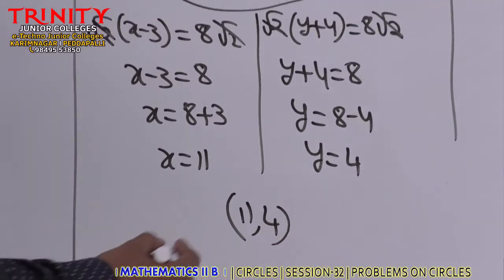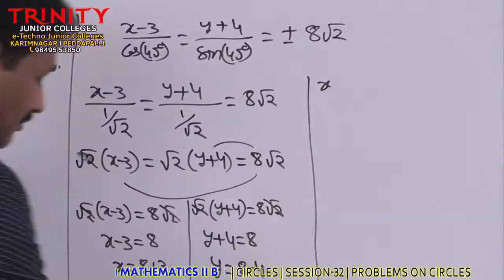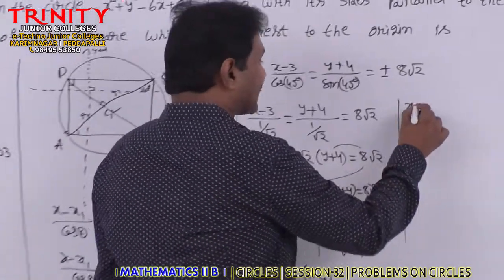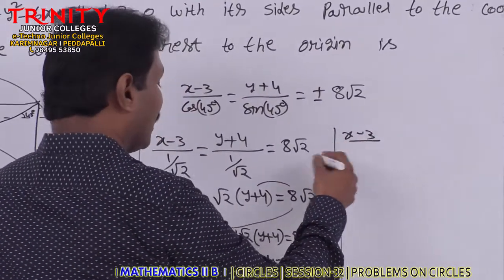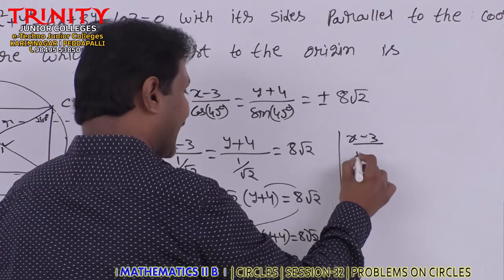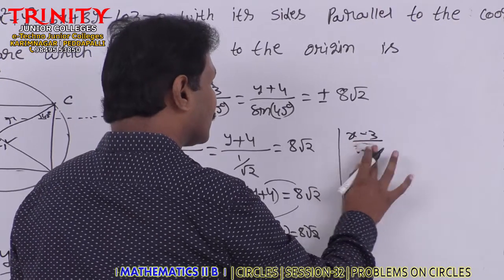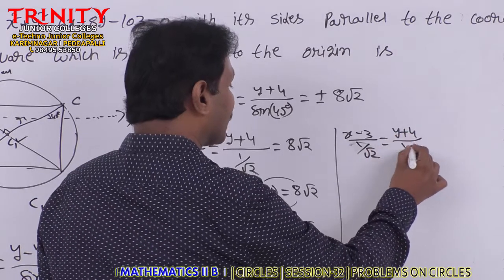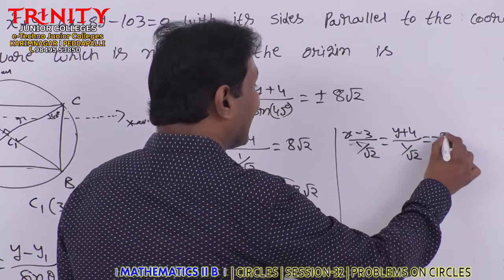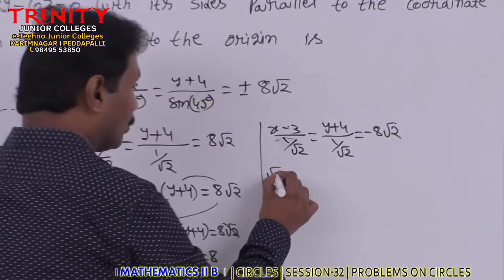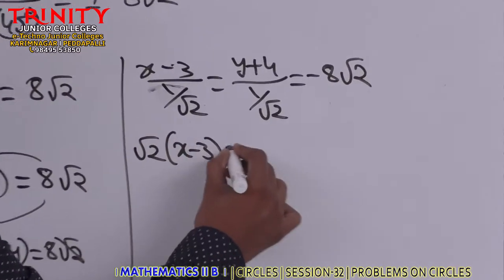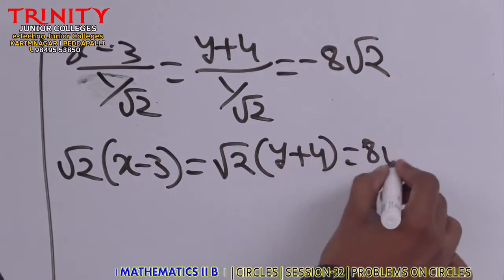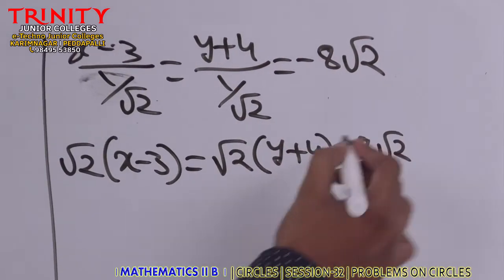This is one of the coordinates, that means one of the vertices. Next, (x minus 3) by 1 by root 2 equals (y plus 4) by 1 by root 2 equals minus 8 root 2. Root 2 into (x minus 3) equals root 2 into (y plus 4) equals minus 8 root 2.